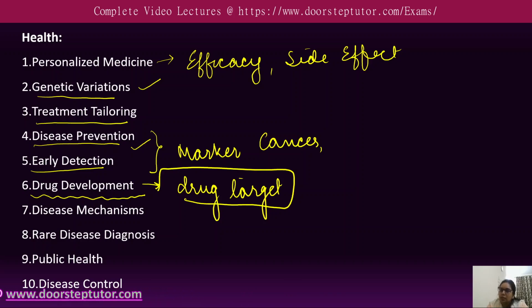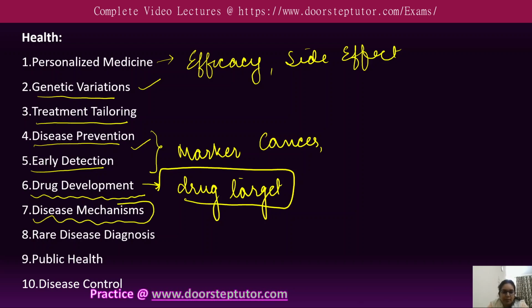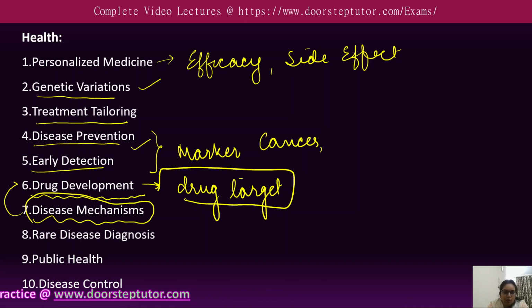Genomics also helps in understanding the disease mechanisms at the molecular level, which supports the development of the drug.